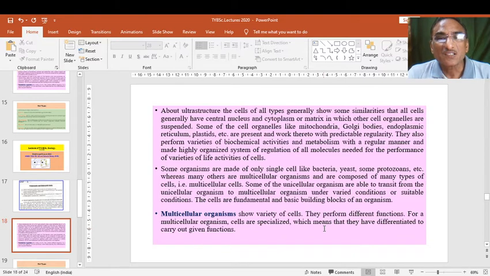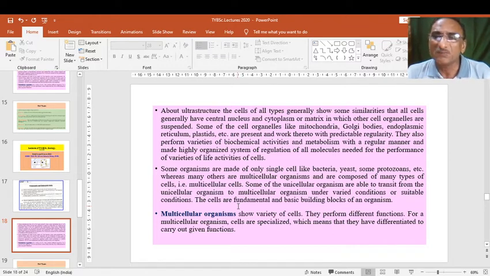Next, what is the ultrastructure of all the cells, either prokaryotic or eukaryotic? Actually, we have discussed all these topics in our previous lecture when we studied the basic cell types. In that, we have seen that the cell material, of any type of cell, is generally called matrix, or if there is a separate nucleus, the remaining material is known as cytoplasm.